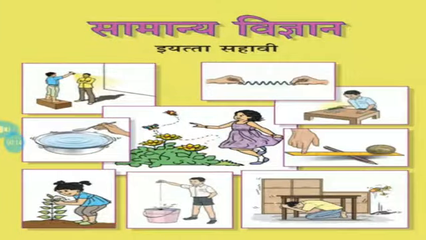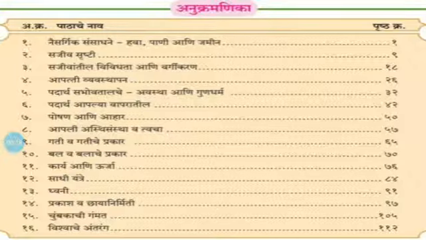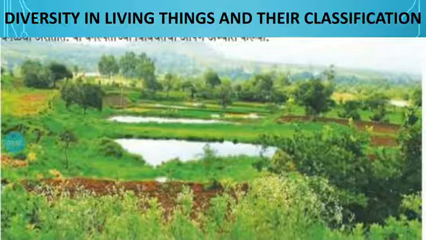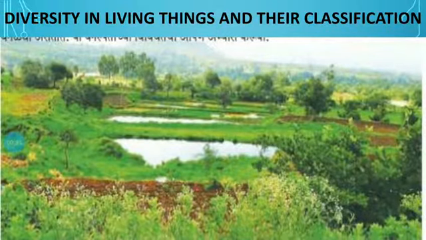Today we have to see the general science of standard 6th. In that we are in the third chapter, diversity in living things and their classification. In this topic, in the last video, we have seen the diversity of living things.